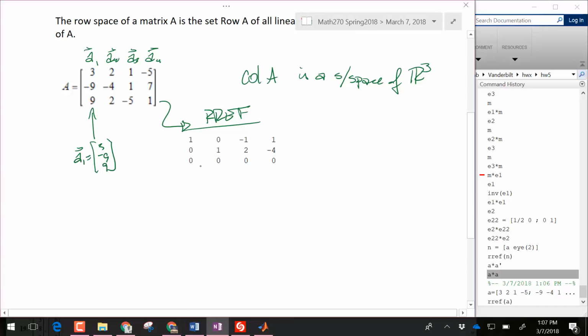We have a pivot column, and then we have 2 pivot columns. Yeah, 2 pivot columns. So we would have free variables here.